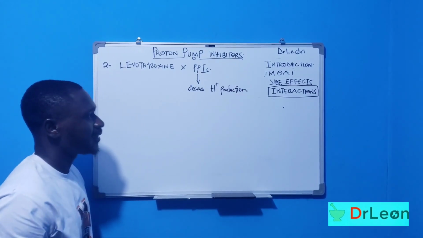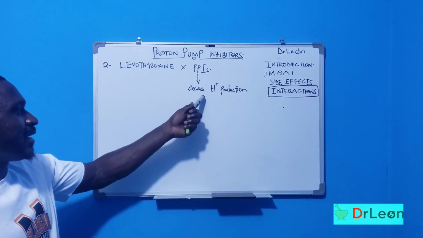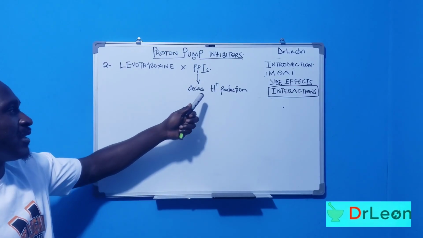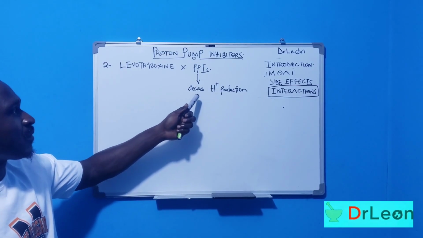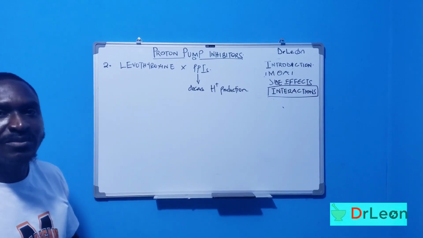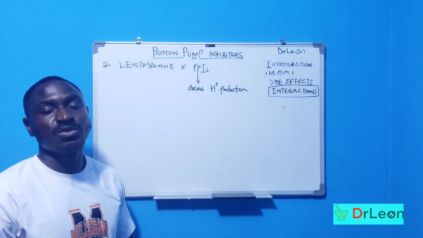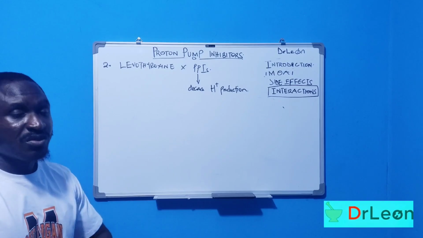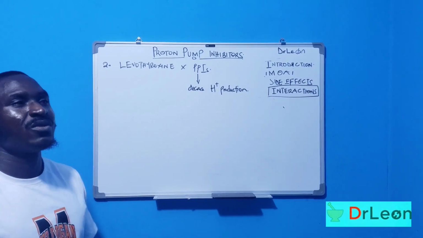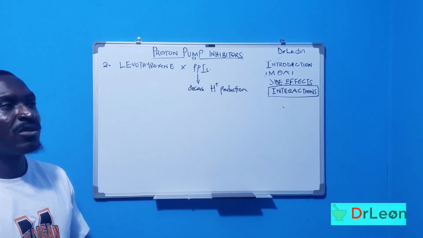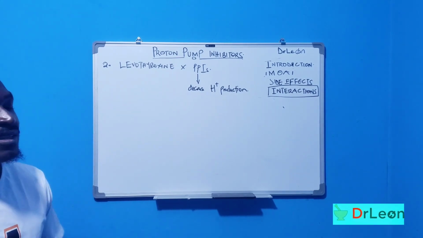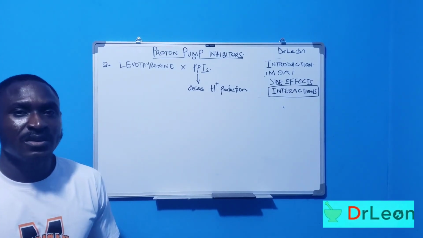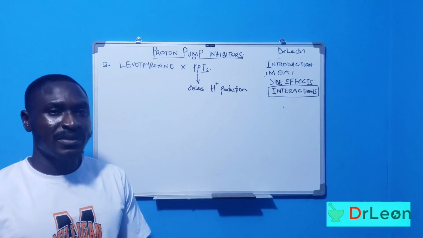Do you get it? So right now the acidity of the stomach is reduced, the H plus ions are reduced, and levothyroxine depends on this H plus for it to be absorbed into the bloodstream. So the absorption of the levothyroxine will be reduced. So only a small amount of the levothyroxine will get into systemic circulation, and that might not be effective for the patient.